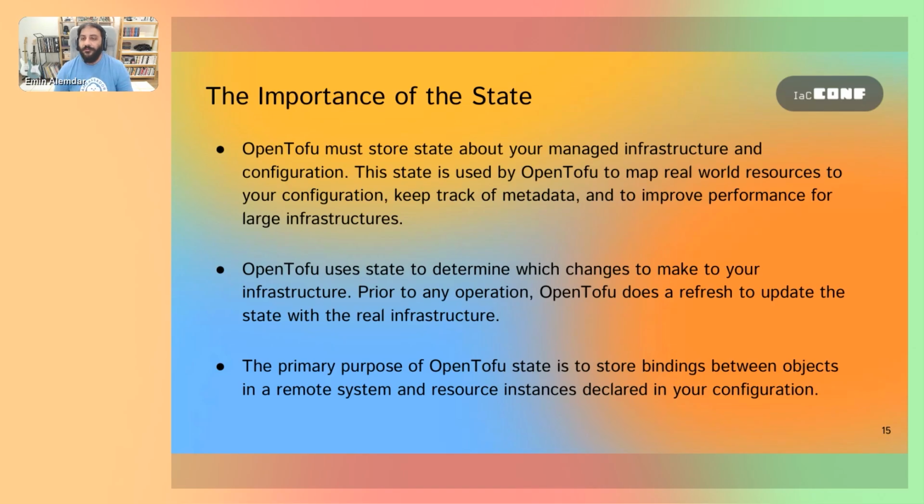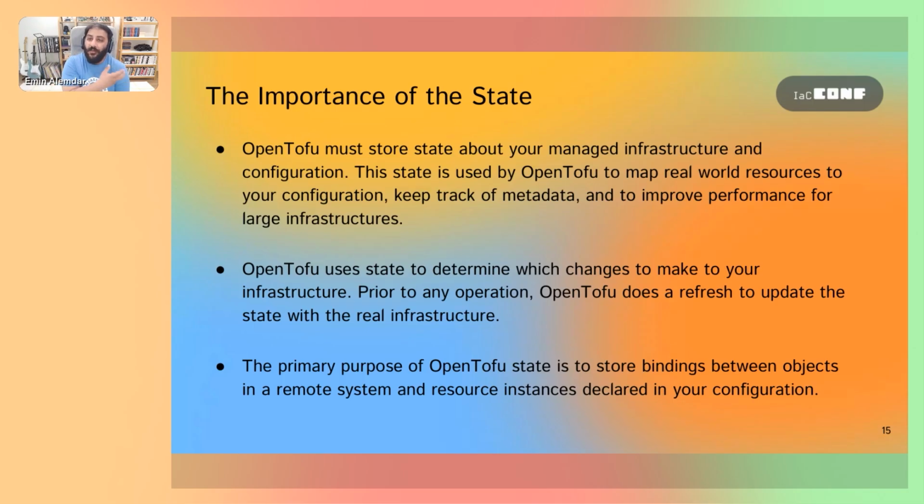All right. And one of the most important topics about OpenTofu is, of course, the state. OpenTofu must store a state about your managed infrastructure and the resources and the configuration of those resources too. This state is used by OpenTofu to map real-world resources, the actual resource itself, to your configuration, to keep track of the metadata, and of course, to improve the performance for larger infrastructures.